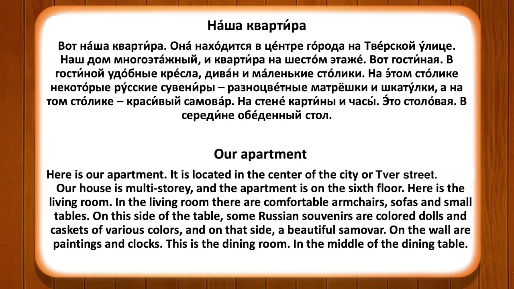Let's go back to the beginning of the text again. The title of the text is Nasha Kvartira, which means our apartment, or as we generally call it, flat. So you can say our flat or our apartment.